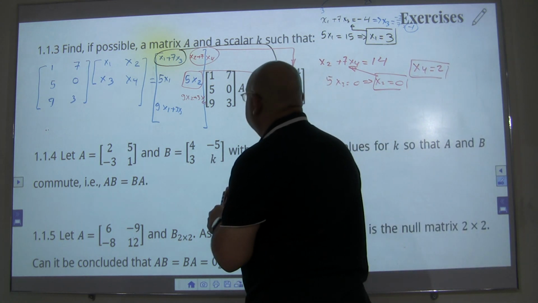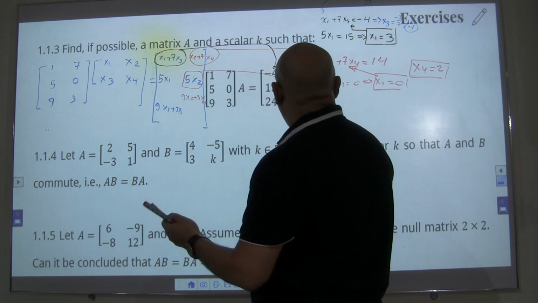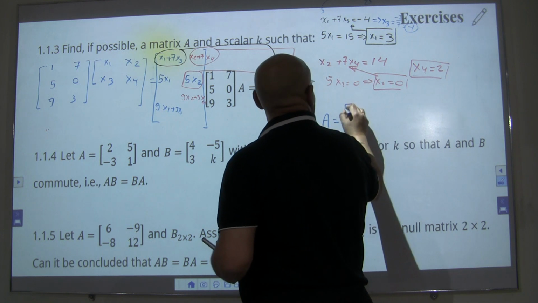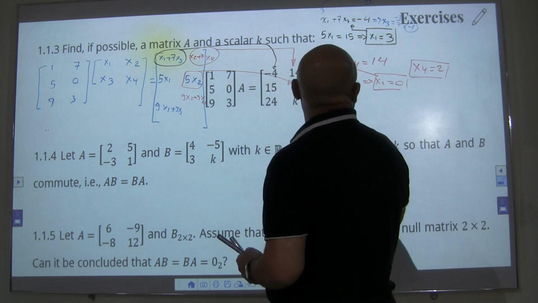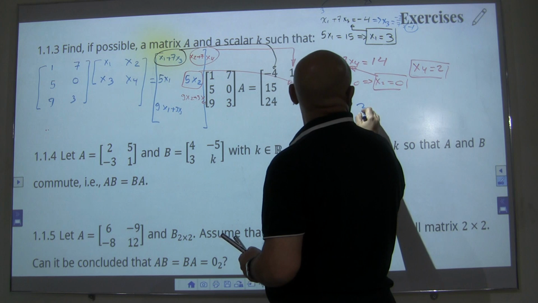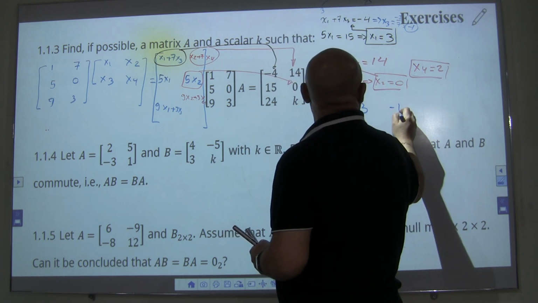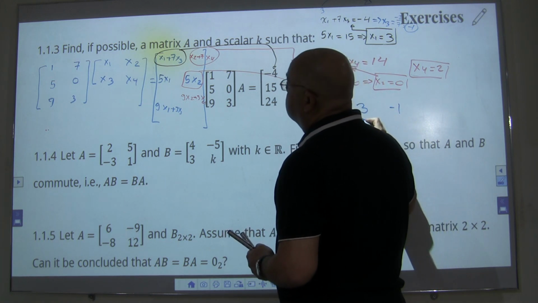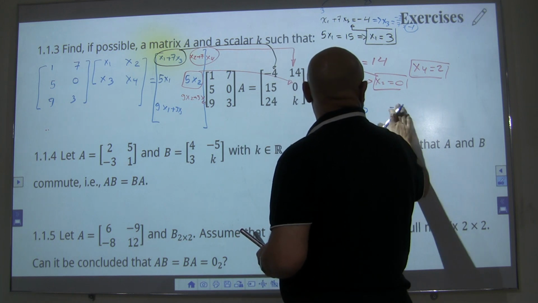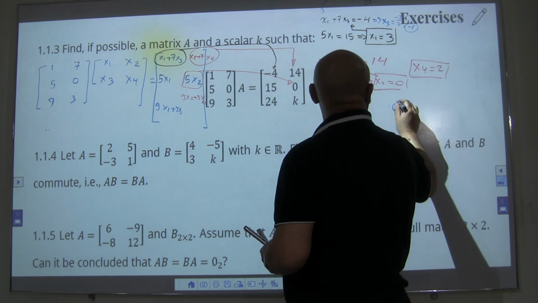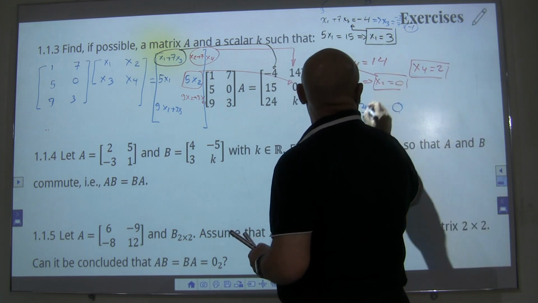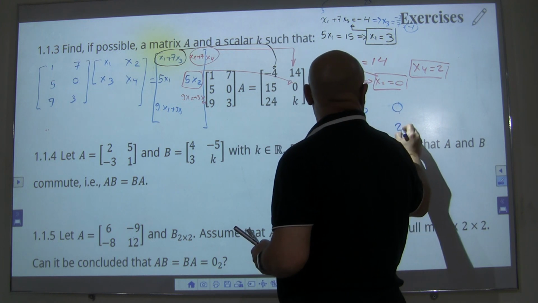Now you know that matrix A is supposed to be: 3, -1, x2 is supposed to be 0, x3 is -1, x4 equal to 2.